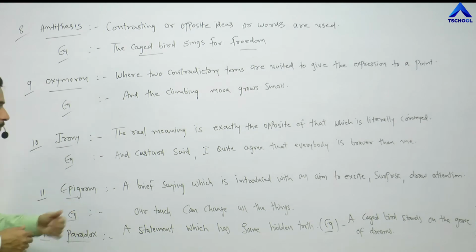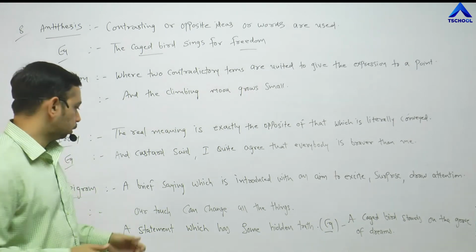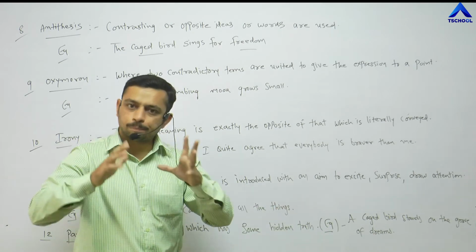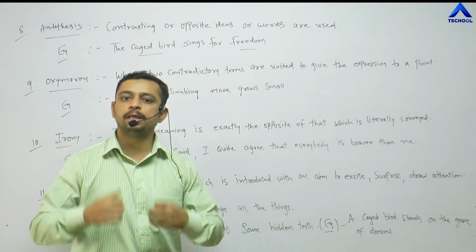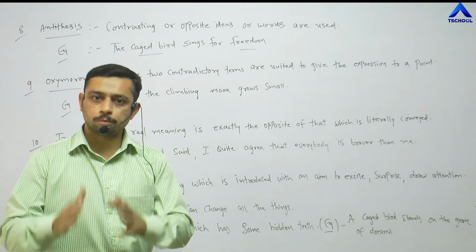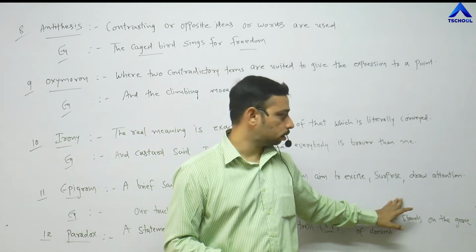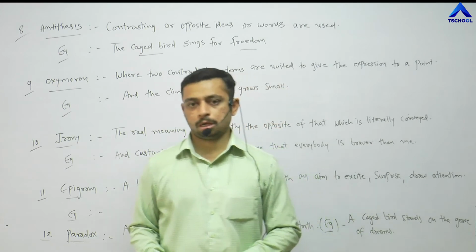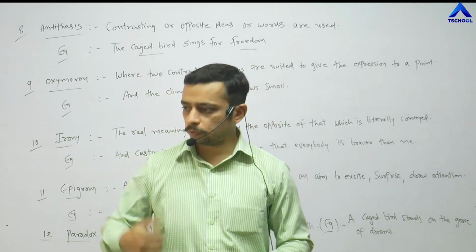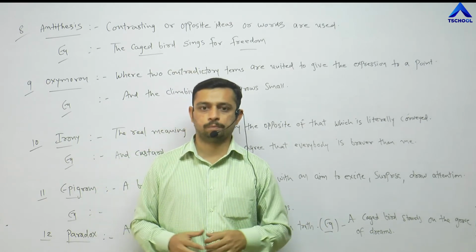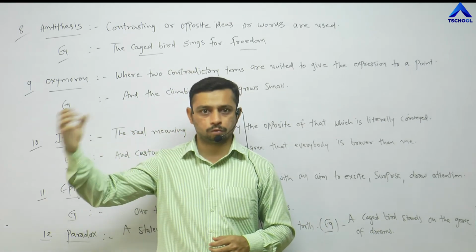Next, epigram. What is an epigram? A brief saying which is introduced with an aim, a particular kind of saying said by the poet, right? What is the objective or the aim? Either to excite, to surprise, or to draw the attention. When you read the poem, there are different messages in different lines of the poet, which he tries to convey to the reader.